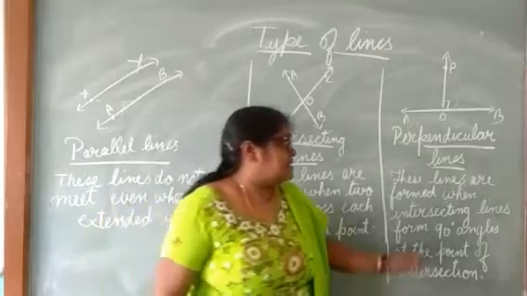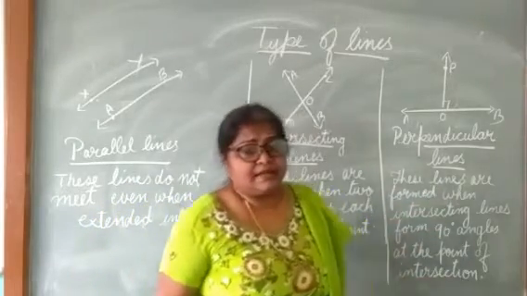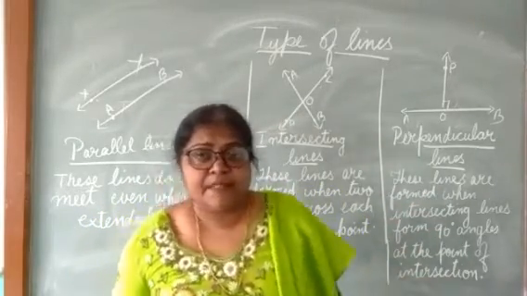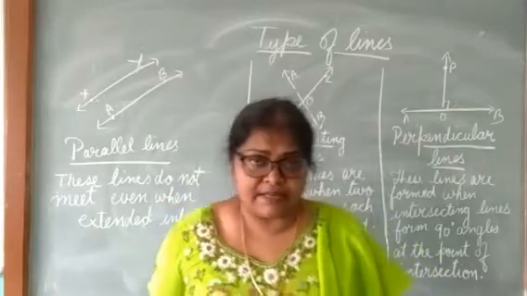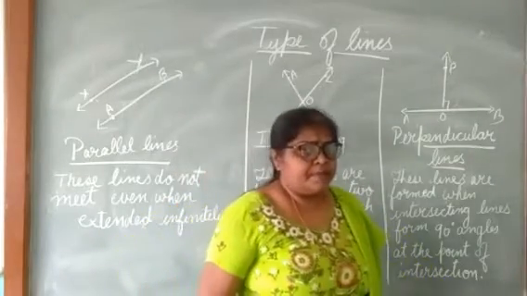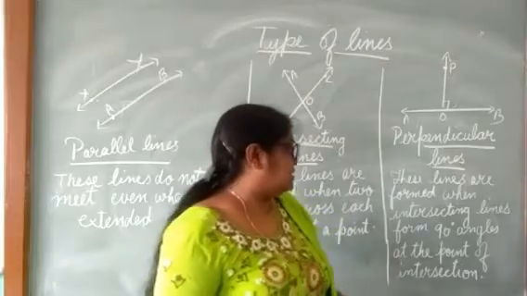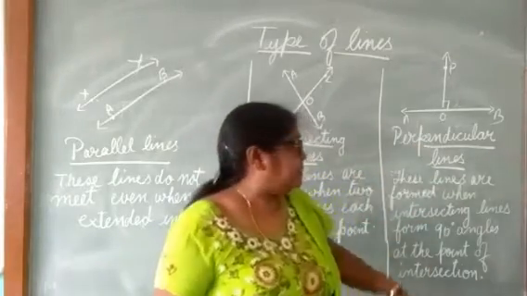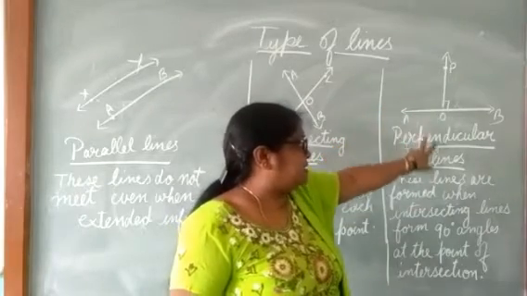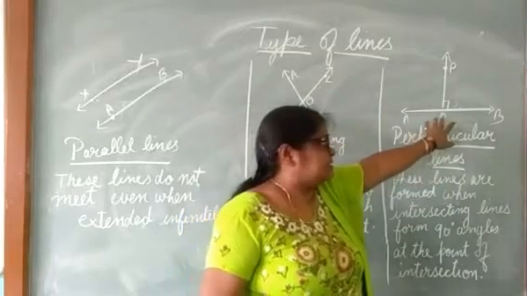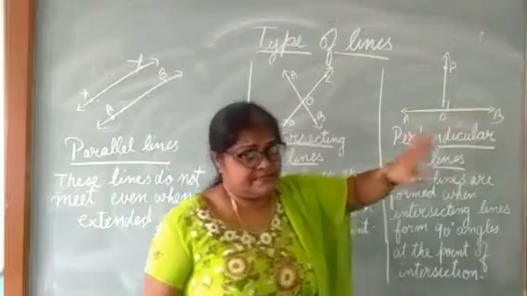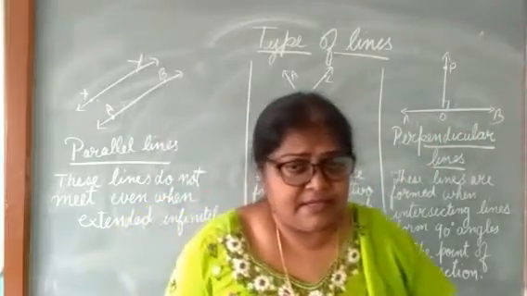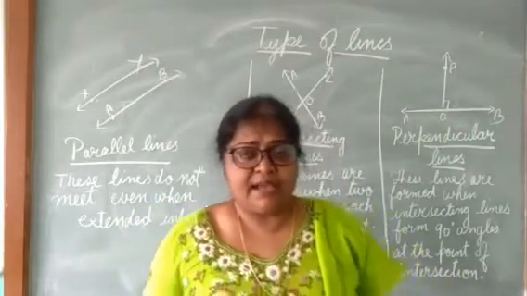Next one is perpendicular line. In perpendicular line, one line is AB and another line is PO. These lines intersect each other, but they make a 90-degree angle.